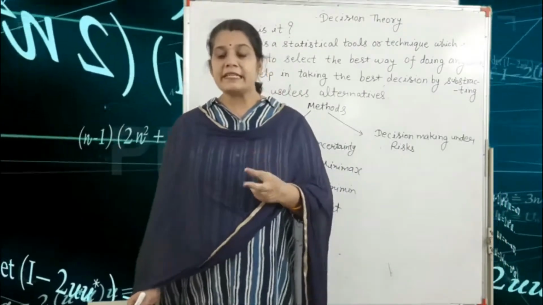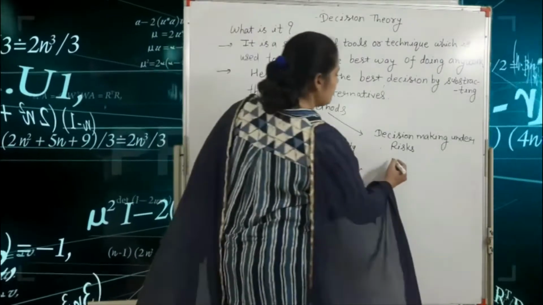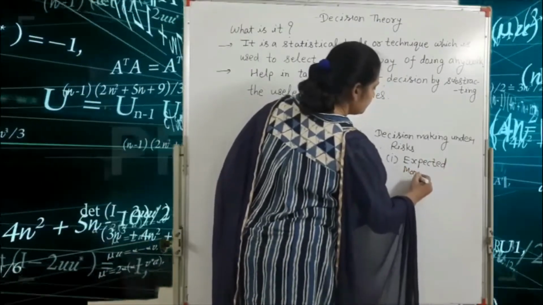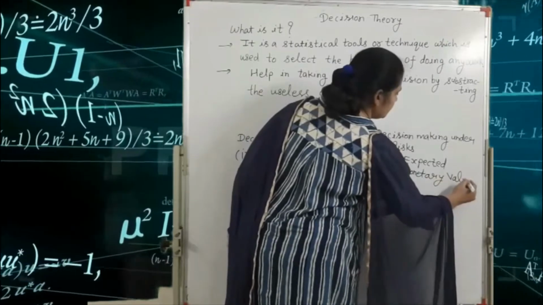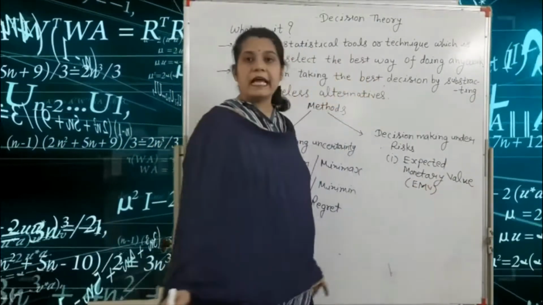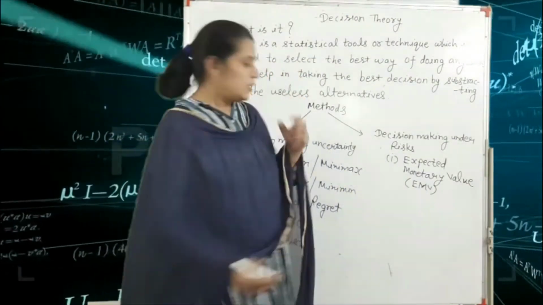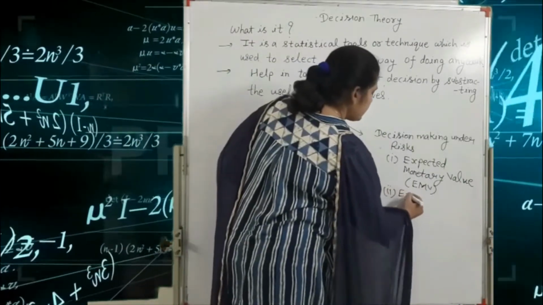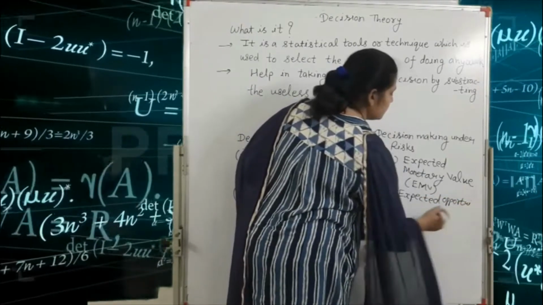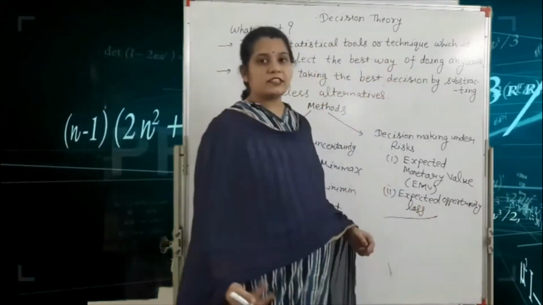The first is the expected monetary value, written as the EMV method, and the second is the expected opportunity loss.